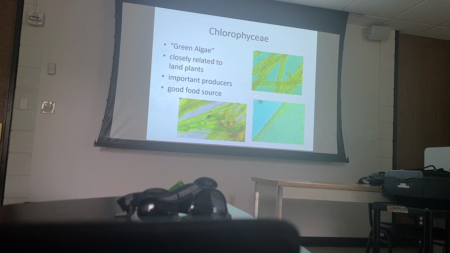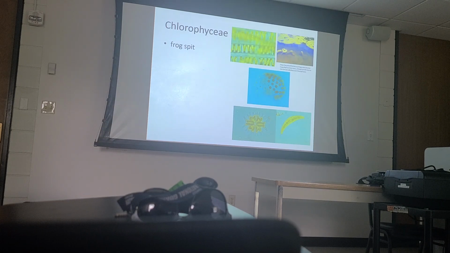And we've got filamentous forms, we've got colonial forms. There's a lot of diversity in the green algae. And so a few more pictures about that. So the frog spit that I mentioned, that metaphyton Spirogyra, which we saw, is a common member of frog spit.